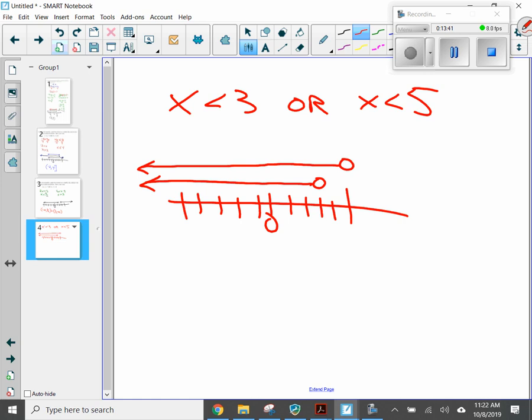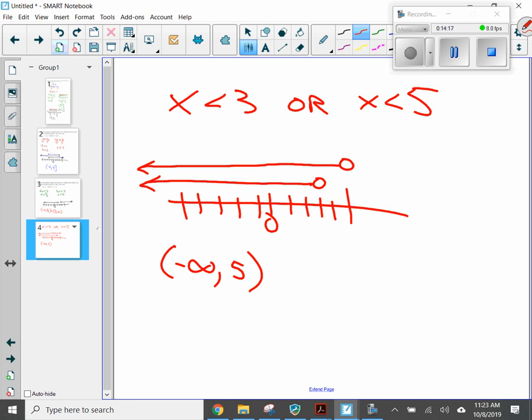So our solution to this is, since it's OR, it includes both of those, right? But really the solution to this is negative infinity to 5. I don't need the union negative infinity to 3 because that's included in negative infinity to 5. You kind of see what I'm saying here? Yeah. So it's not necessarily that they're going to go in both directions, but sometimes they will. Are we okay with that?